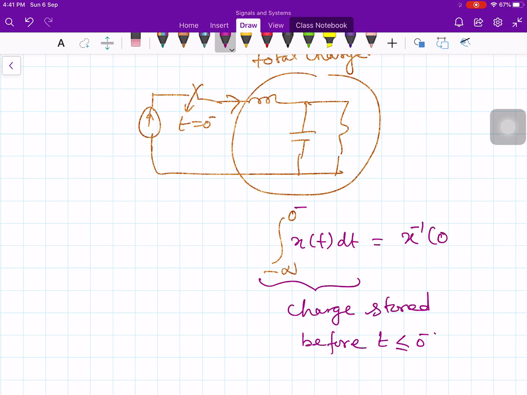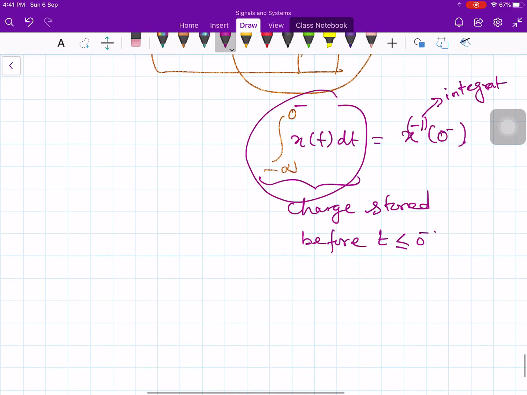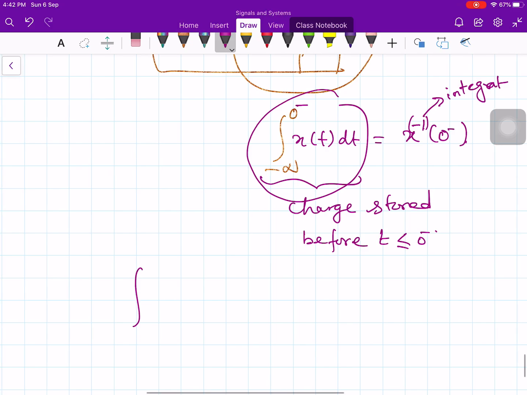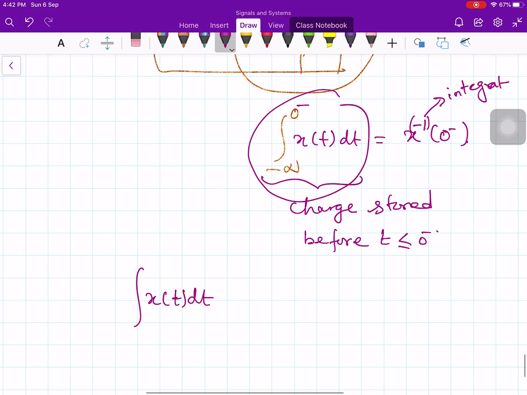What does it mean? This minus 1 indicates integration. This is the initial value of the integral. Therefore the integral of x of t dt from minus infinity to t is equal to the integral from 0 minus to t of x of t dt, plus the initially stored charge, that is x to the minus 1 of 0 minus.